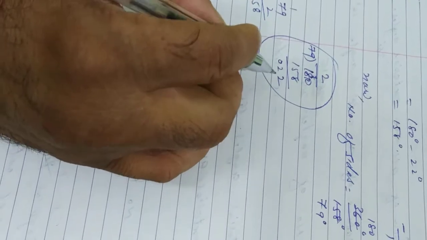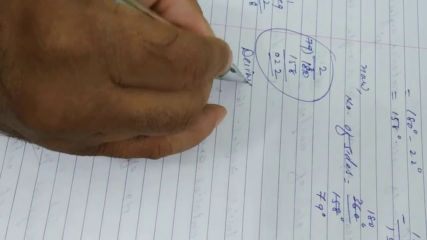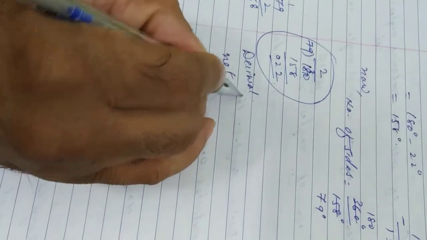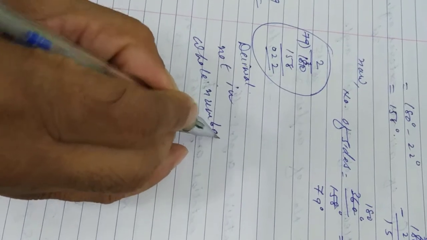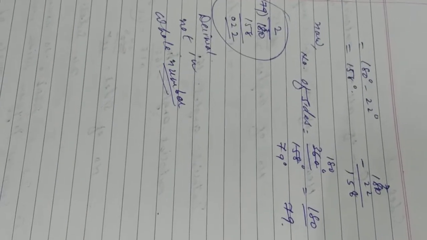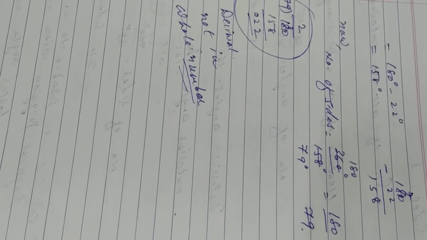So again here we got the answer in decimal, not in a whole number. So we can say it is also not possible. So it also cannot be an interior angle of a regular polygon.